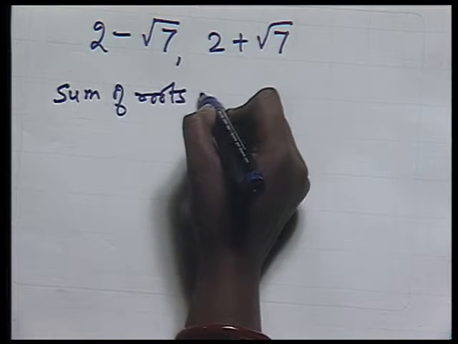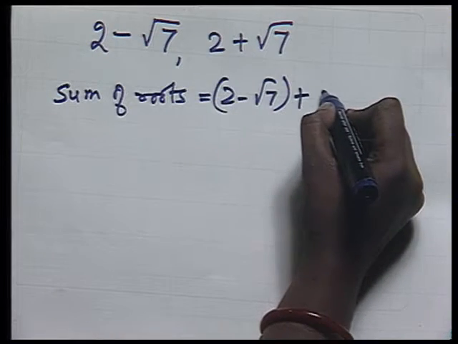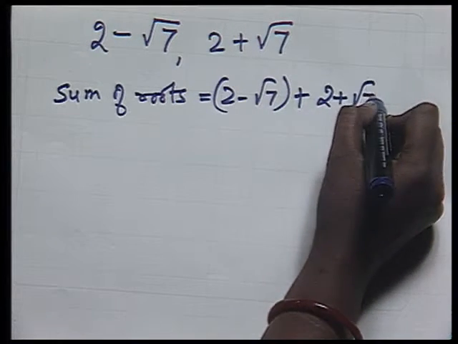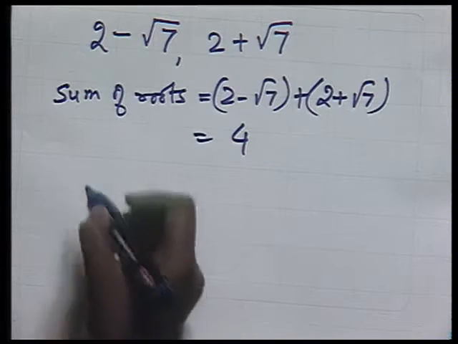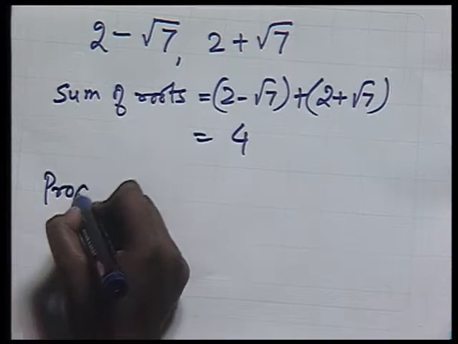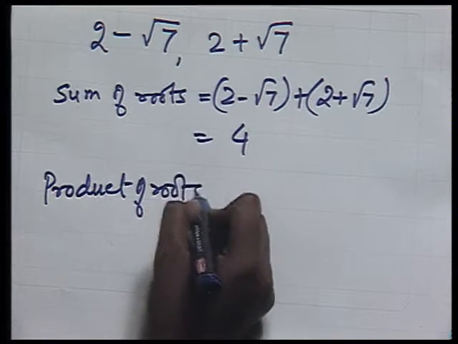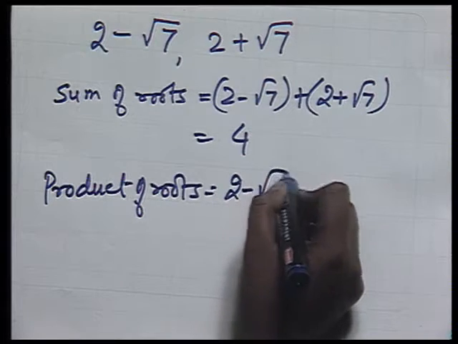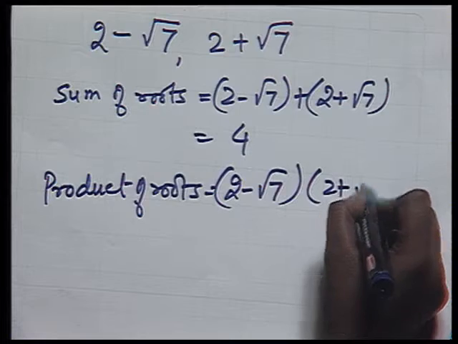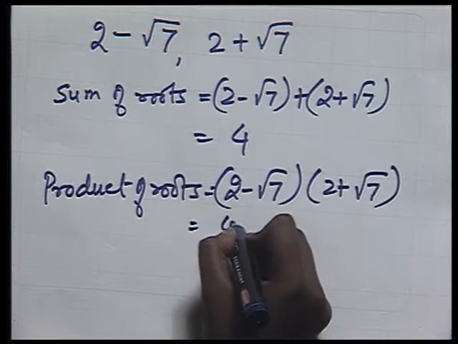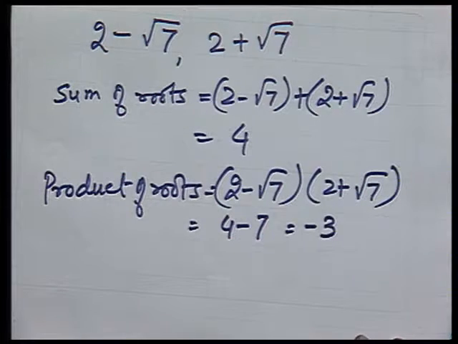The sum of the roots in this case will be 2 minus under root of 7 plus 2 plus under root of 7, which is equal to 4, and the product of the roots will be equal to 2 minus under root of 7 into 2 plus under root of 7, which is equal to 4 minus 7, that is equal to minus 3.